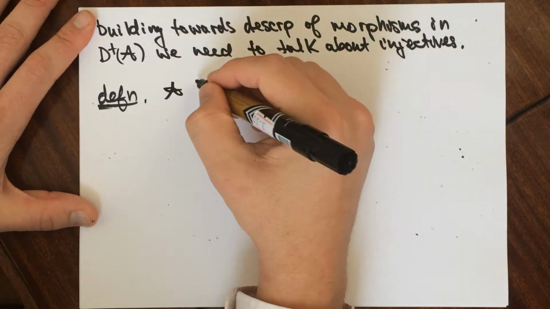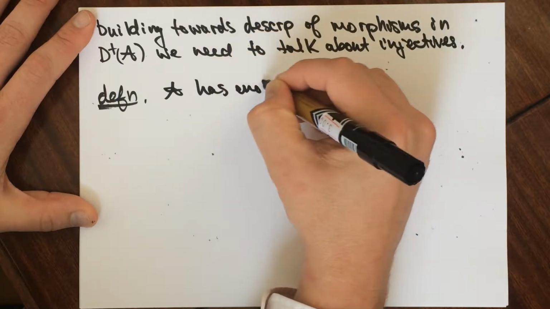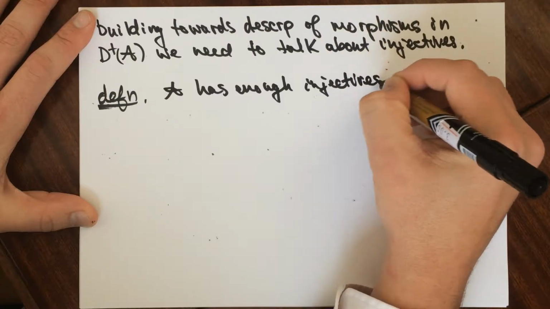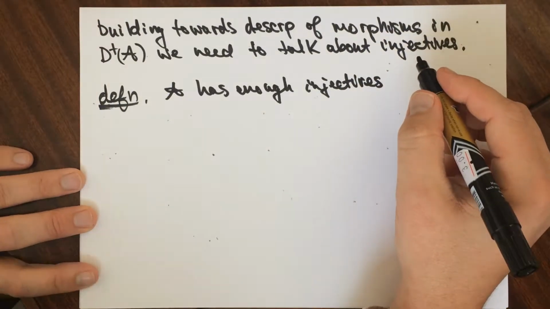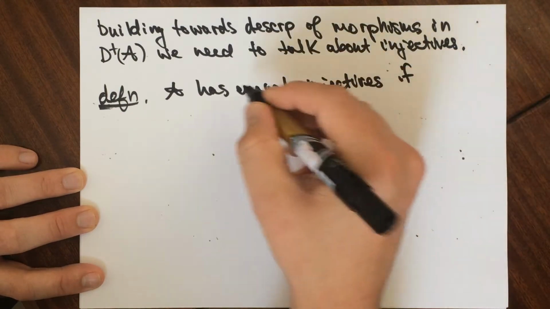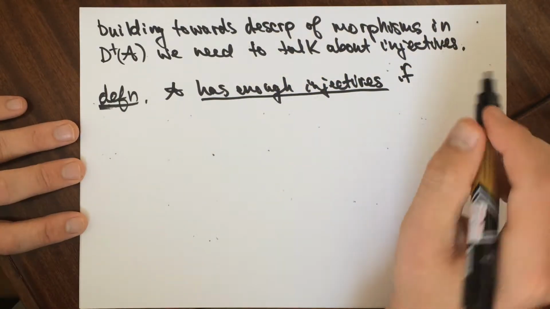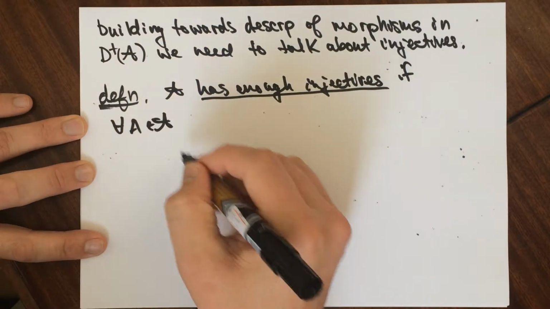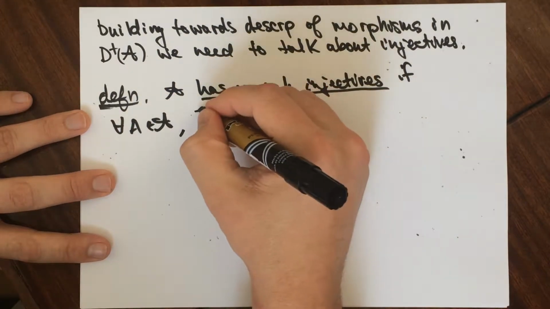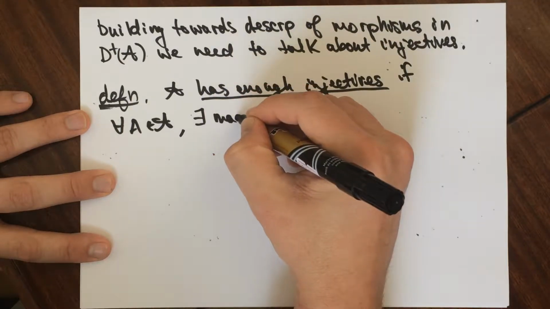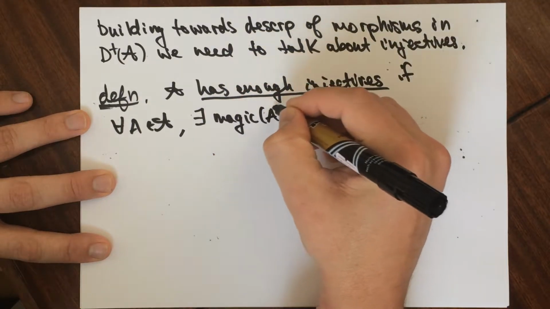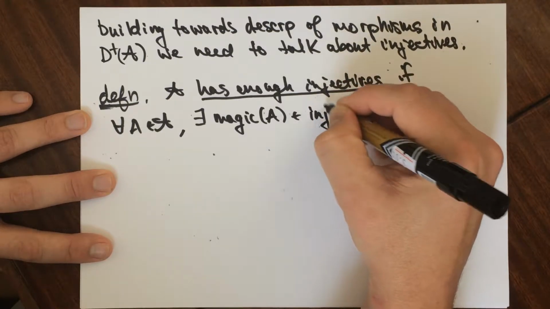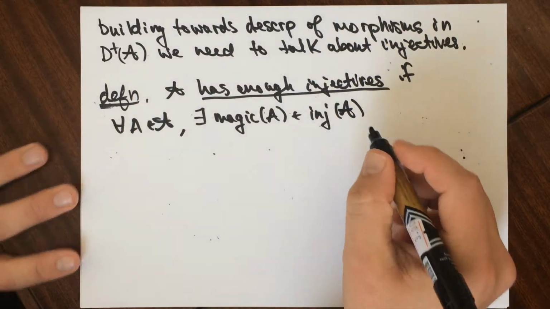A has enough injectives if for all objects A in the category, there exists a magic object in J. So these are going to be the injective objects.